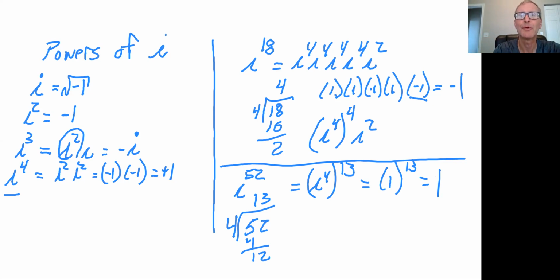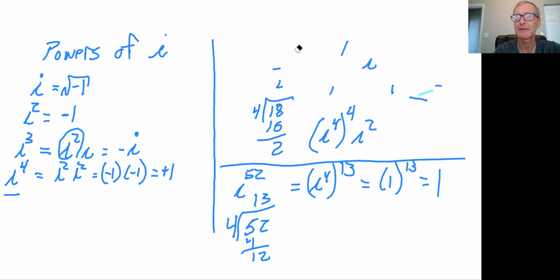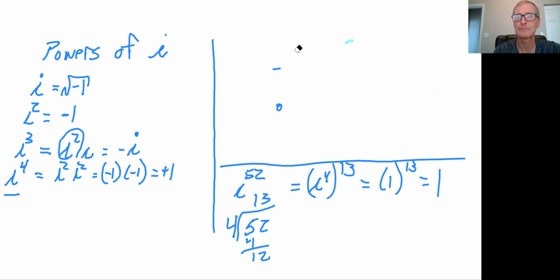Let's maybe do one more, and then we're going to call it. So let's try i to the 43. So what would that be?